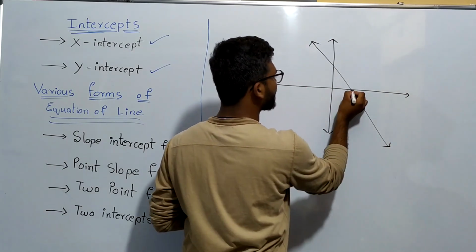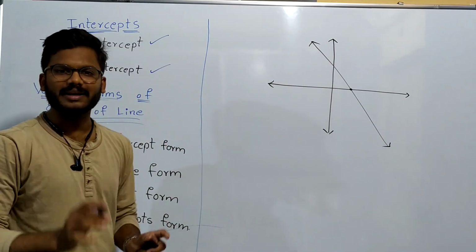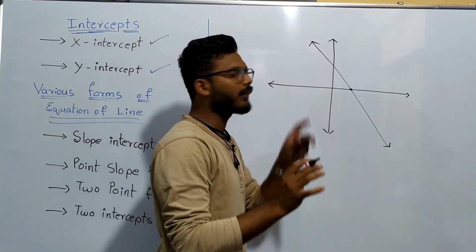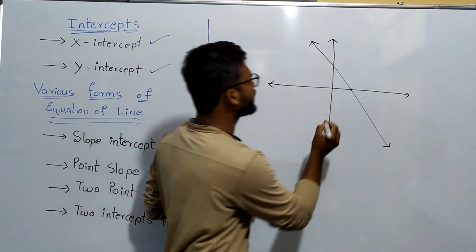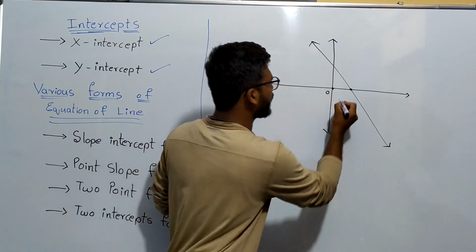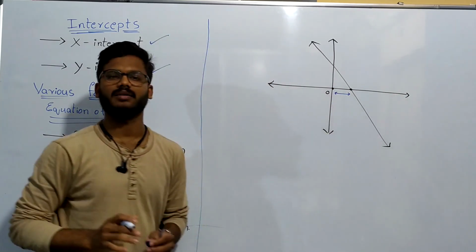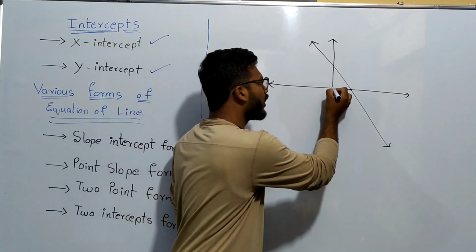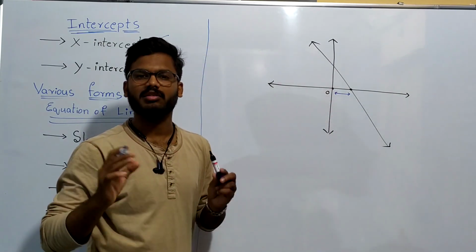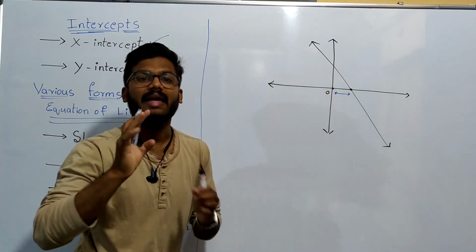It will meet the x-axis at some point, right? Whenever a line meets the x-axis at a point, the distance from the origin to this point we call the x-intercept. The distance from the origin to the point where the line meets the x-axis is called the x-intercept.